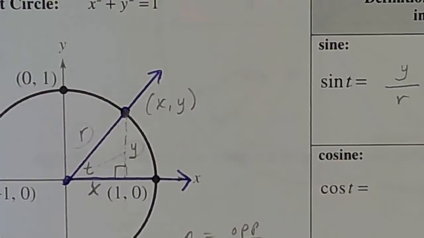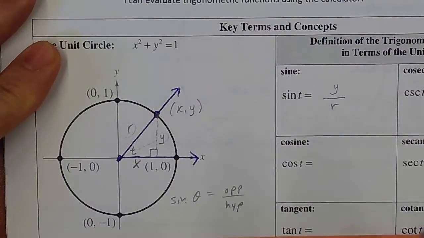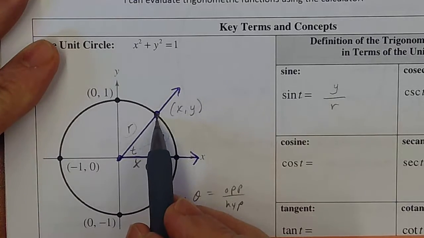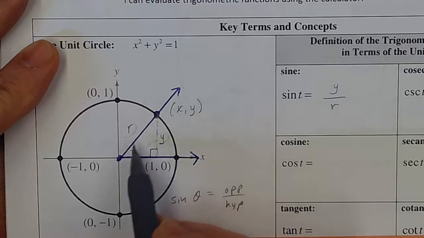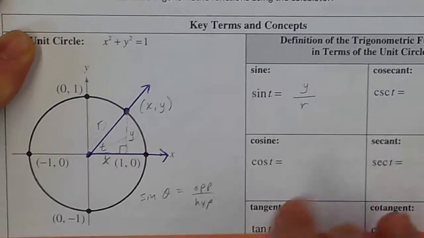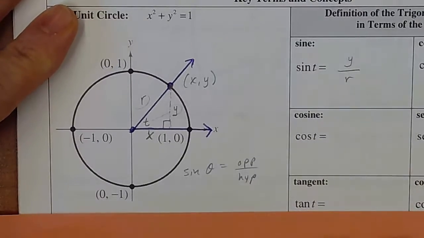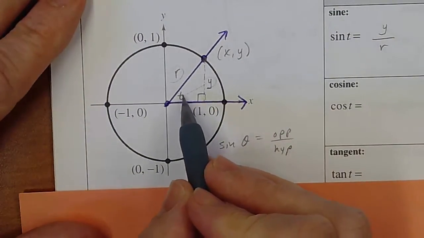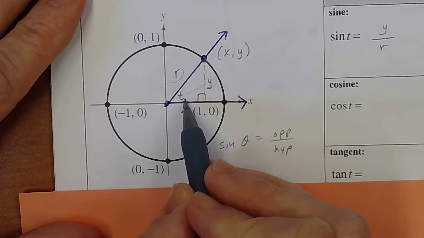Okay, so we're establishing some definitions that will work as long as I have a coordinate on the unit circle, and I know the radius, which is usually going to be 1 in this section. All right, let's move on to cosine before we get to the reciprocal functions. So cosine is adjacent over hypotenuse. So let's look at the triangle. The adjacent side means next to it, but not the hypotenuse.